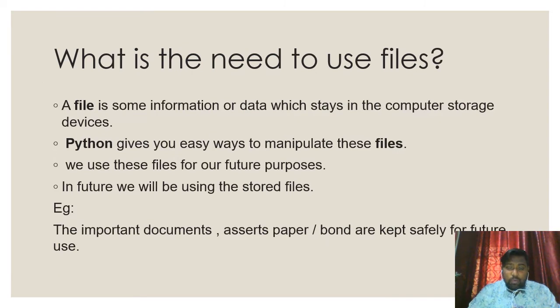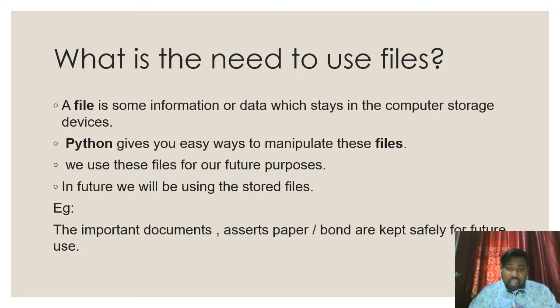Next, what is the need to use files? A file is some information or data which stays in the computer storage devices. We are storing these kinds of files so that it is better in future to handle or access those things. Here Python gives you easy ways to manipulate these files. We use files for our future purposes.